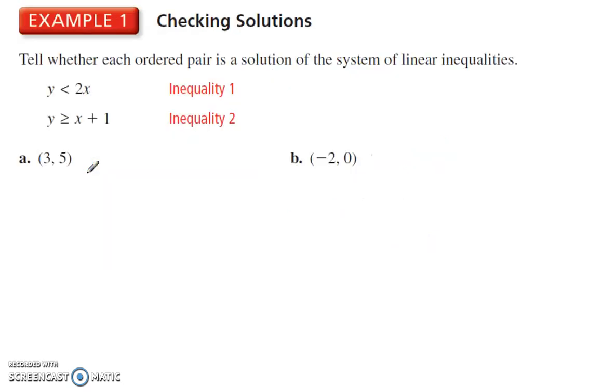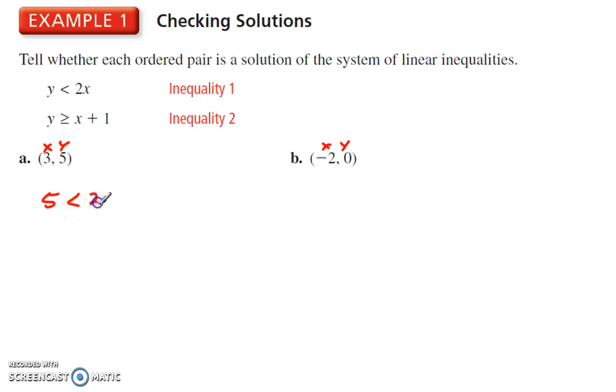Now we could check if we're given an answer, just like I did in the previous example. We take this, plug it in, see does it work for each one. Then it either is or is not a solution. Remember x and y. I highly recommend that you always label your coordinates before you plug them in, so you make sure you get the right one in the right place. So 5 is going to go first here.